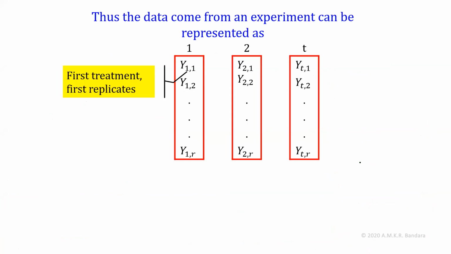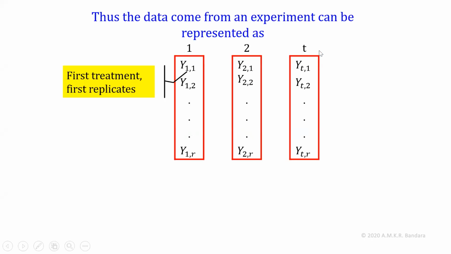Here, this is the first treatment, first replicate value. This is the first treatment, second replicate value. This is the first treatment, rth replicate value. This is the second treatment, first replicate value, second treatment, second replicate value, and likewise second treatment, rth replicate value.